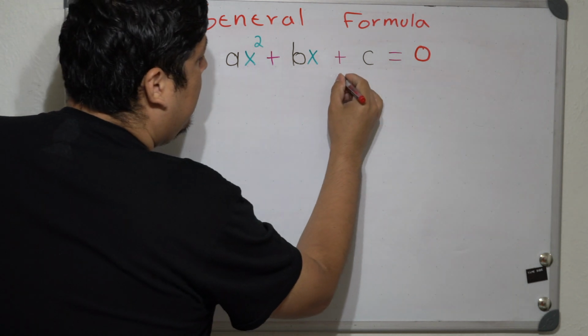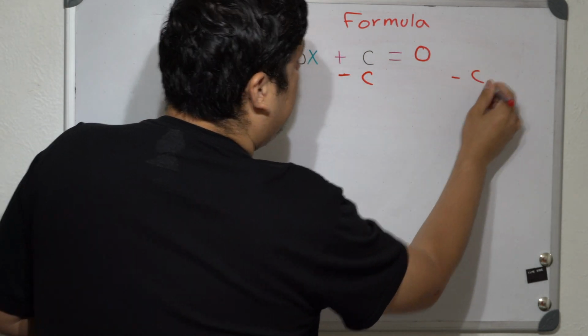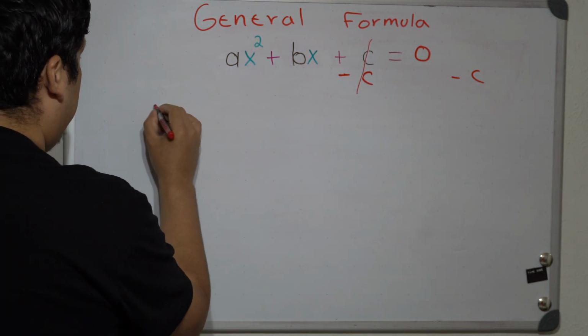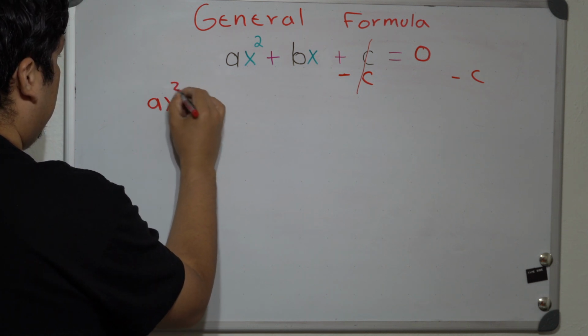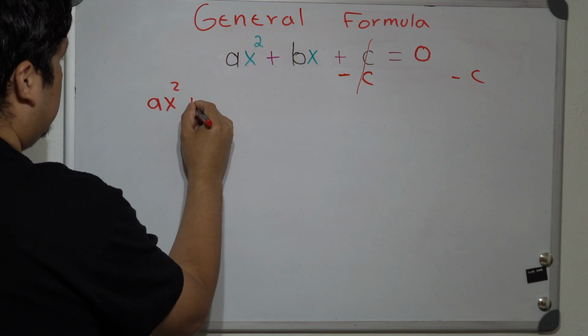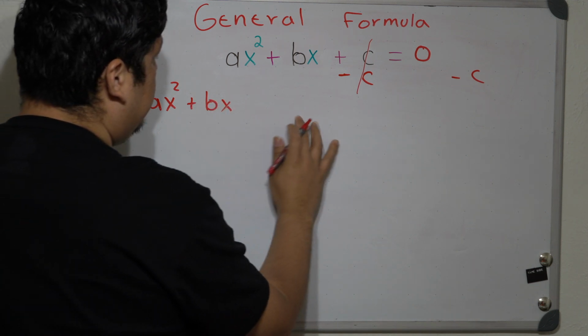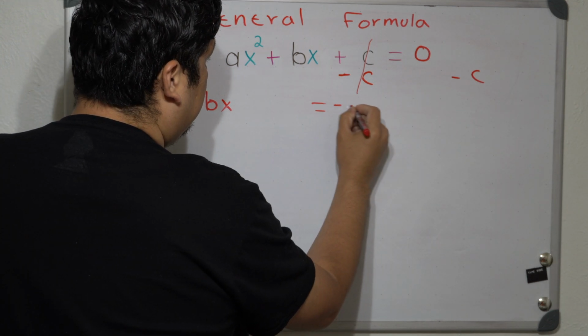We need to remove that, so we need to subtract c from both sides of the equation. That crosses out, and now we're left with ax squared plus bx, equal to negative c on the other side.